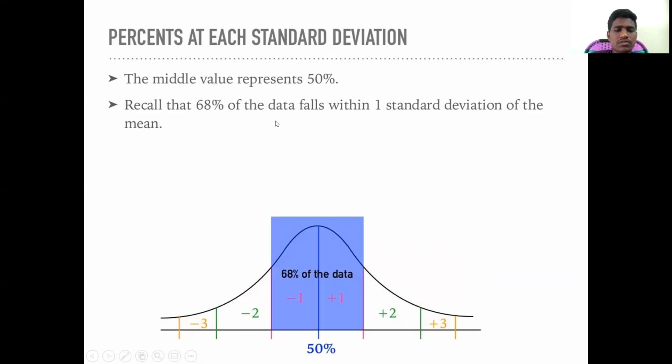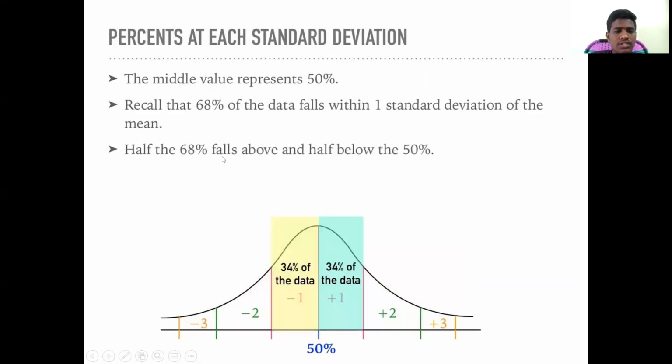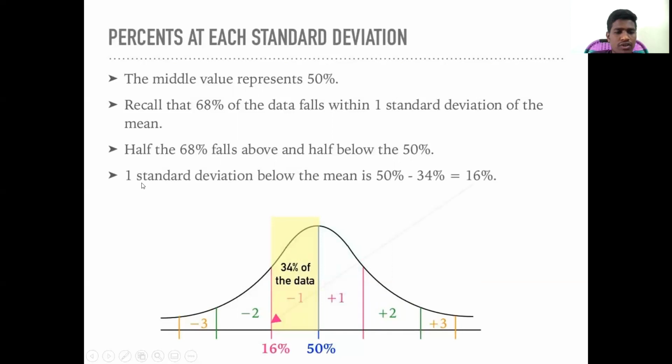Recall that 68% of the data falls within 1 standard deviation of the mean. Half of the 68% is above and half below. 68 divided by 2 is 34, so the left side is 34% and the right side is 34%. One standard deviation below the mean is 50% minus 34%, equal to 16%.